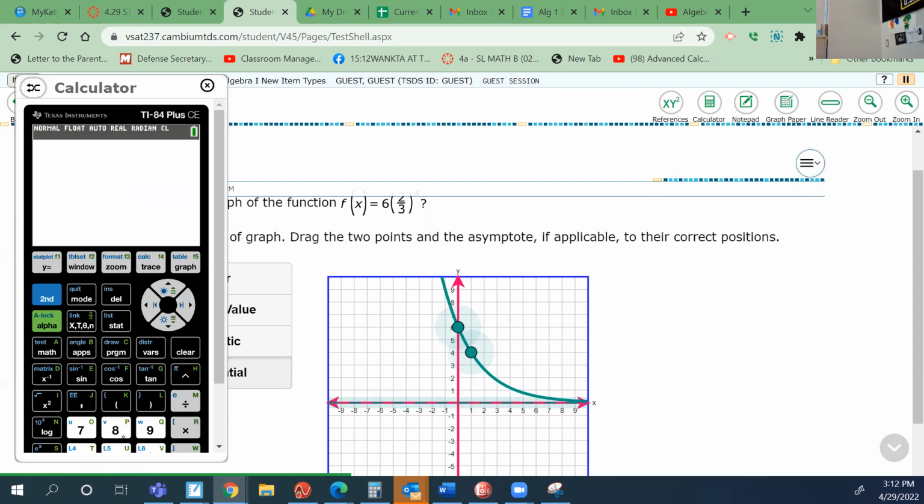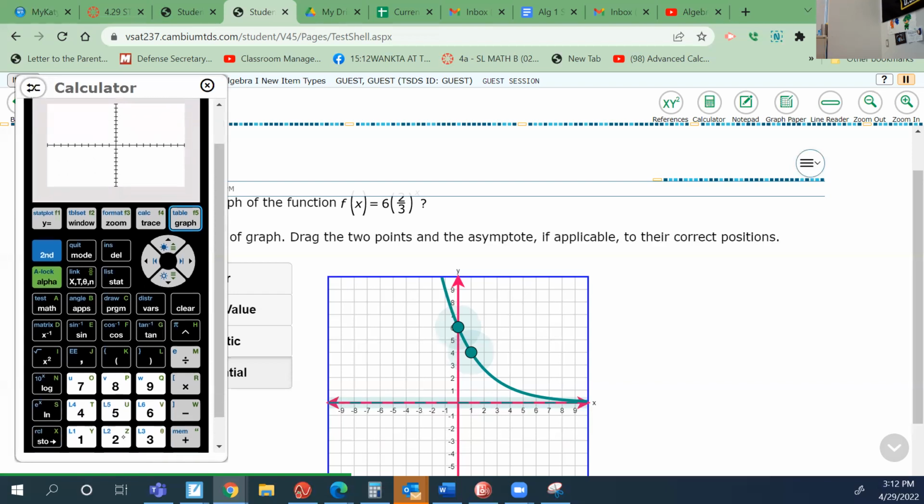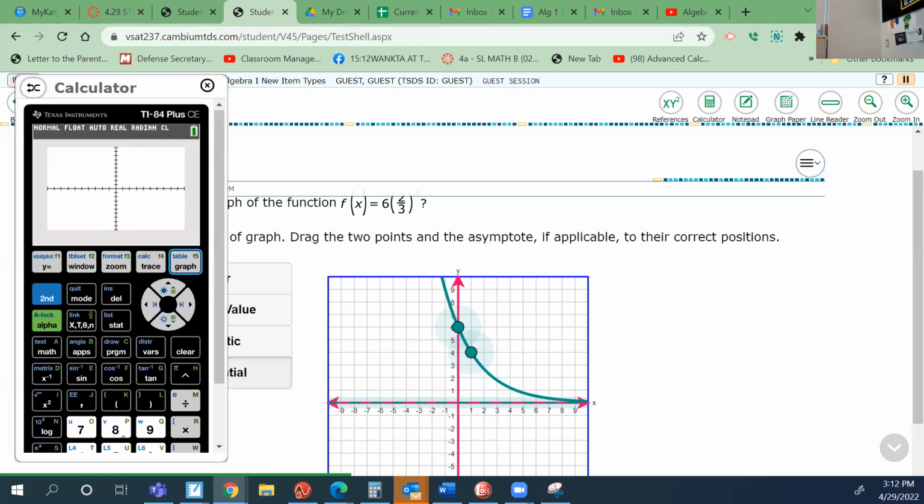It's supposed to be similar to the ones that you guys use in class, but it's a little bit different. So I'm not going to mess around with this TI right here. I'm not sure how to use it. Not going to use this, guys.